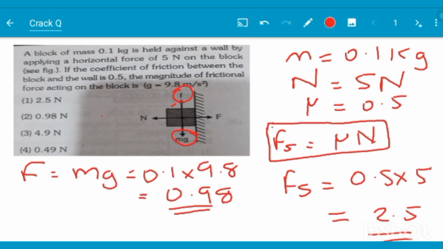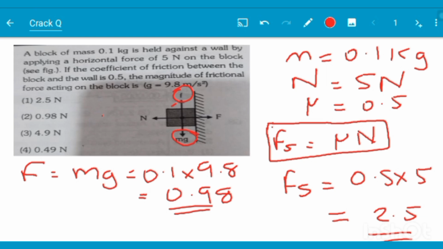Now I can take an example that I am applying a force of 0.98. The static friction is 2.5. Static friction is much greater than the applied force, so there is no chance for the static friction to change into kinetic friction. If the force were greater, like 3 Newton, then the static friction could change into kinetic friction.